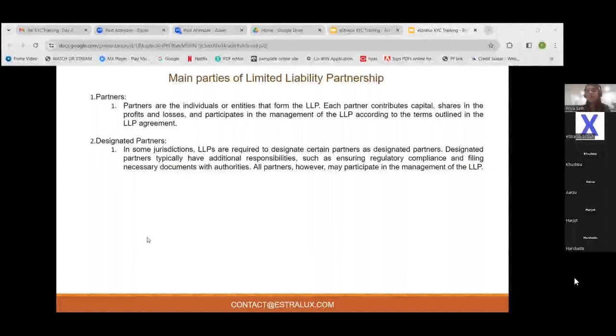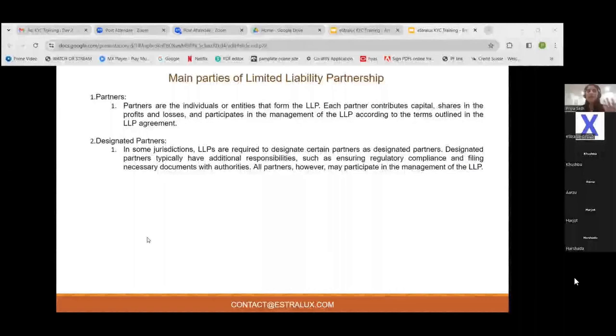For example, I come in, Harjot comes in, Harju comes in, and we are partners running the business on our own terms and conditions. There has to be someone main as a leader, who can see what the things we are responsible for are. If everybody becomes casual, things won't work out that way. That is why we have someone known as a designated partner.